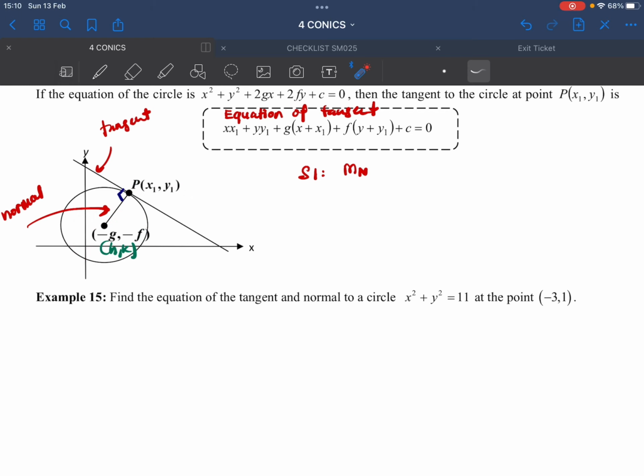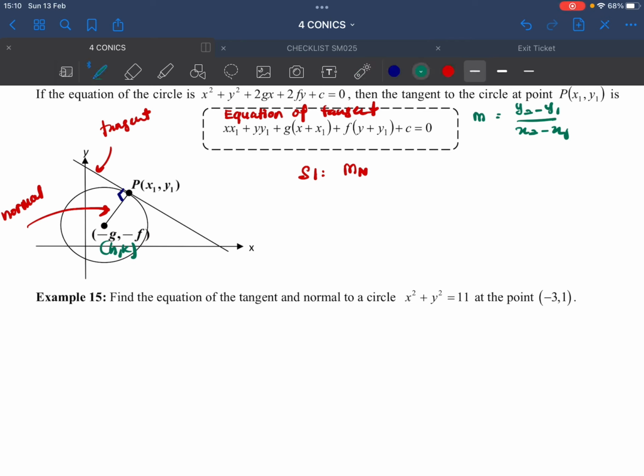To find the gradient, if you have 2 points, the formula is y2 minus y1 over x2 minus x1. So that is the formula to find gradient. In this case, we have to find this gradient of normal. We have this point, the center here, and this point here, P(x1, y1).